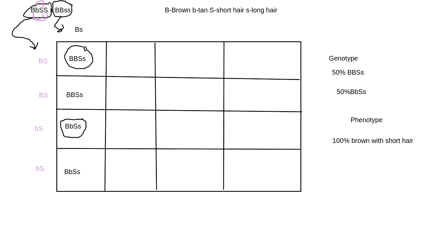So they were all brown with short hair. So this was a great example of the genotypic ratio being different from the phenotypic ratio because we had those two different genotypes, the big B, and the big B, little b, both giving us brown hair. Nice job.